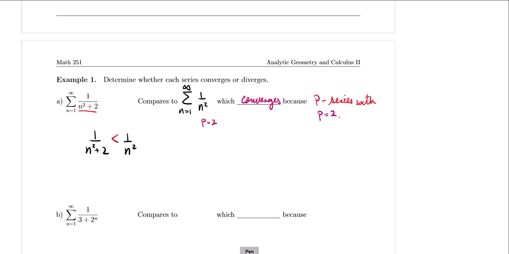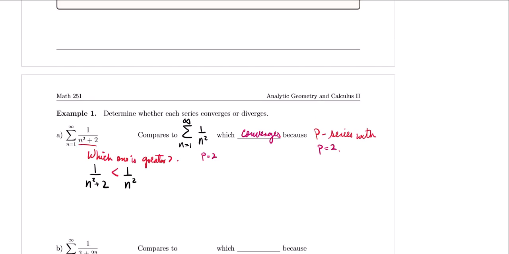And this is always what I want you to do. Once you figure out your series to compare to, take a look at the general terms and ask yourself, which one is greater? Because why do we want to do that? Well, we know that 1 over n squared is greater, and we happen to know that this one here converges.